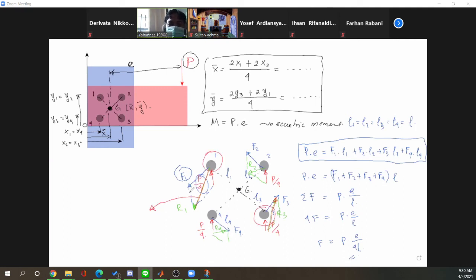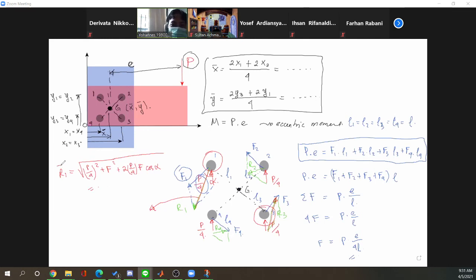Okay, so now we can find the resultant using parallelogram of force. Okay, so here we have, this is alpha, R1 equals the square root of (P over 4) squared plus F squared plus 2 (P over 4) F cos alpha.